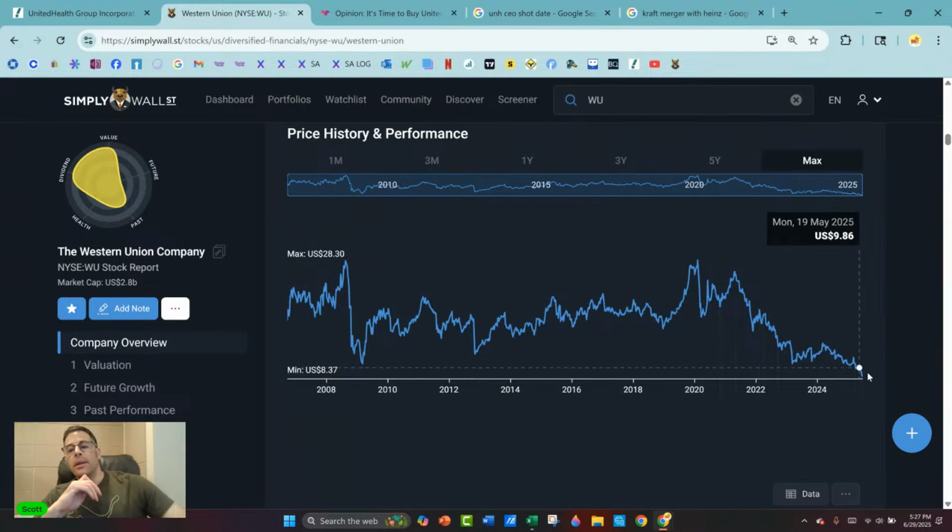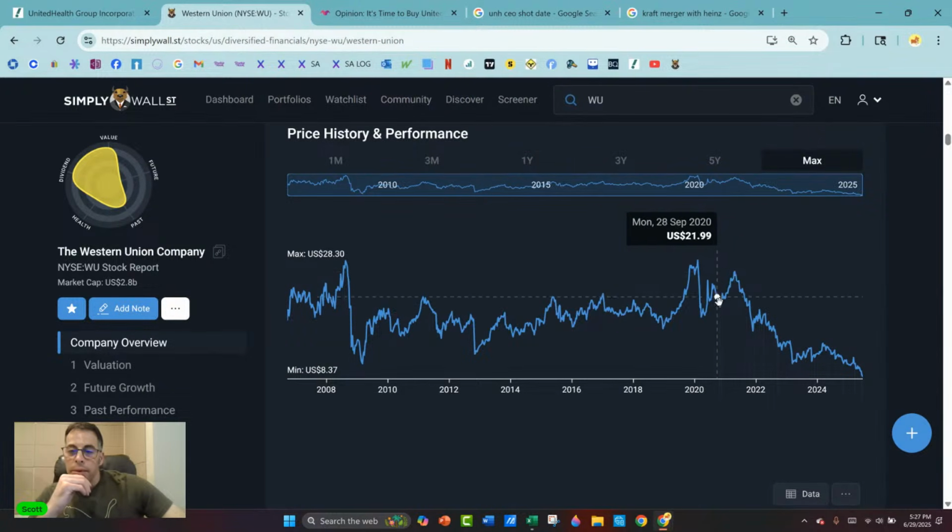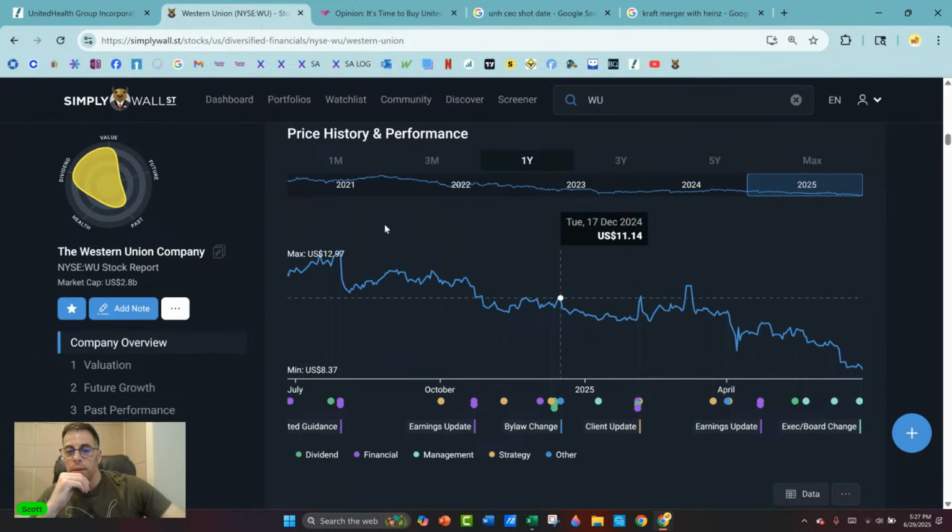I don't think it's ever going to get to that. But you could make a lot of money and receive a lot of dividends. It's really come down a lot. It had a resurgence in 2021, but then it's just really, really struggling.